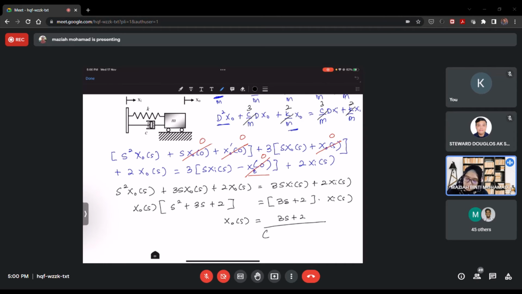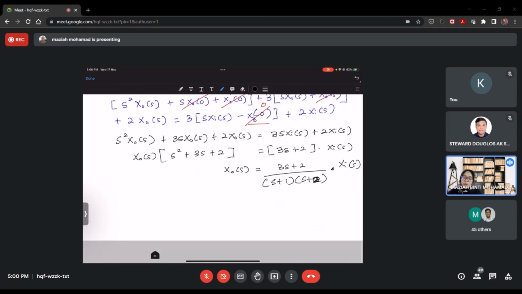s squared plus 3s plus 2, which can be factorized: s plus 1, s plus 2, multiplied with xi s. Xi s is equal to 1 over s.